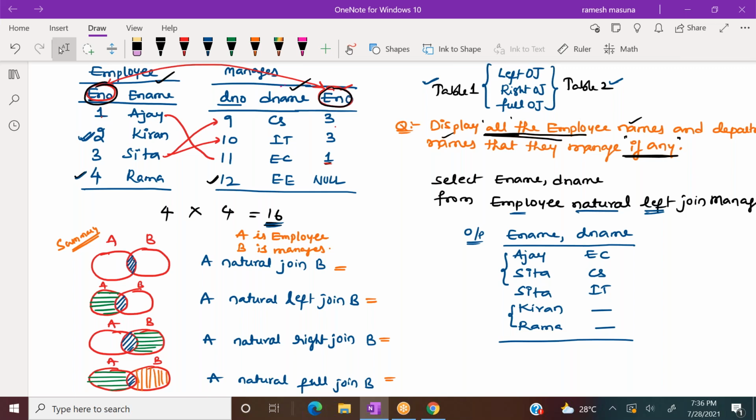Two, four, four, five. Good. Narendra, 2, 4, 4, 5. It is wrong, na, Narendra? Matching rows are 3 already there. Any other answers?